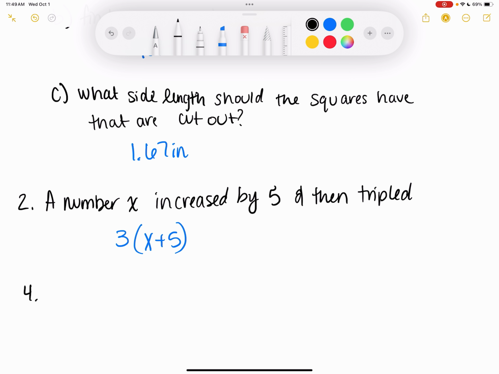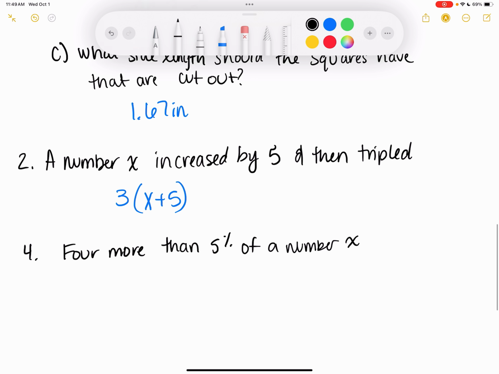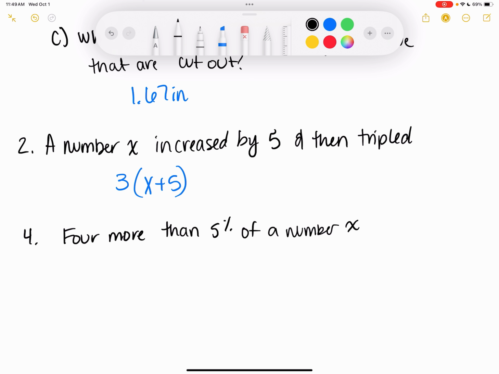All right, 4. 4 more than 5% of a number x. So remember percents we do, this would be 0.05.